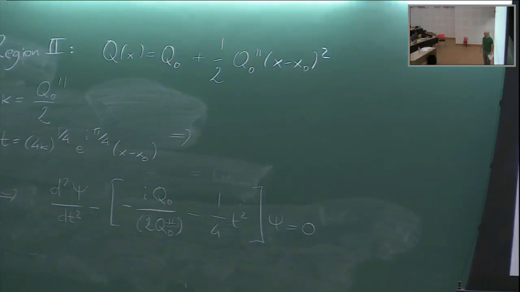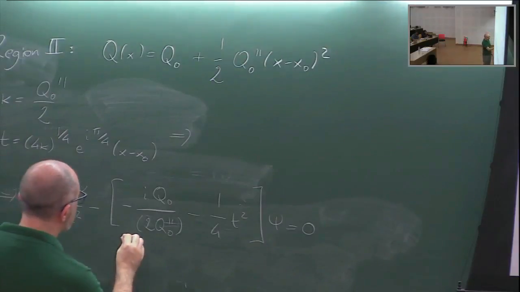Okay. This is just substitutions. So you take that form of q, you plug in these new definitions for the variable t as related to x, and you just define this kappa.